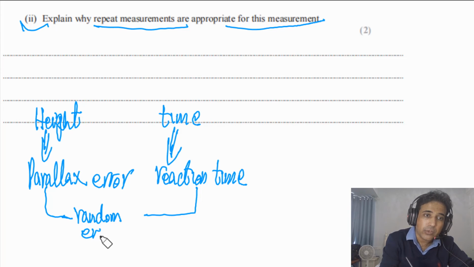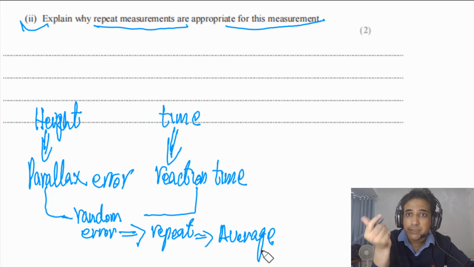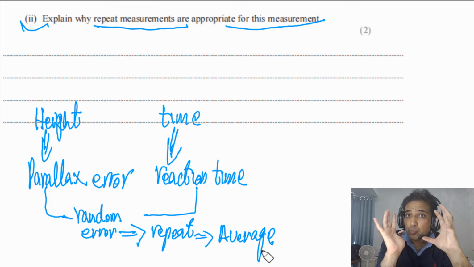Now the question is how we can minimize this random error. To minimize random error, as we mentioned before, we can repeat and we can calculate average. By calculating average value, we can minimize random error, but systematic error cannot be minimized. In this case we are taking more than one reading, so there is random error due to parallax error and also due to reaction time.